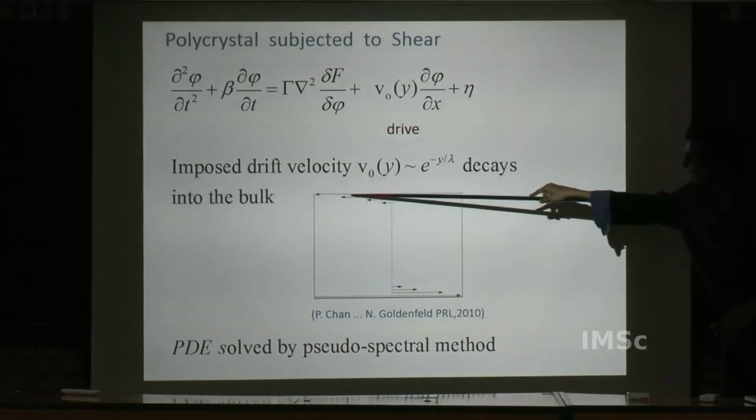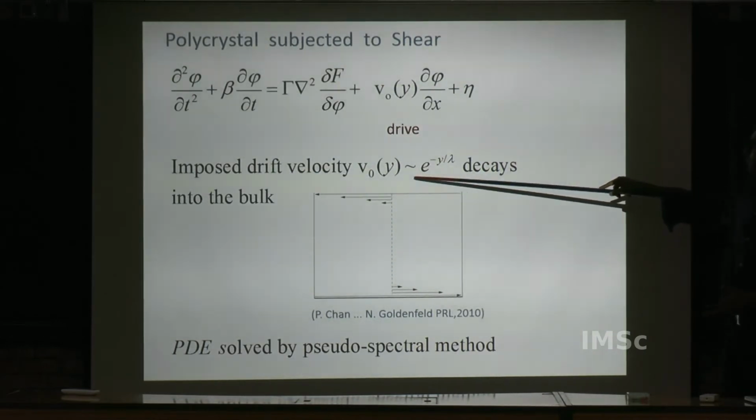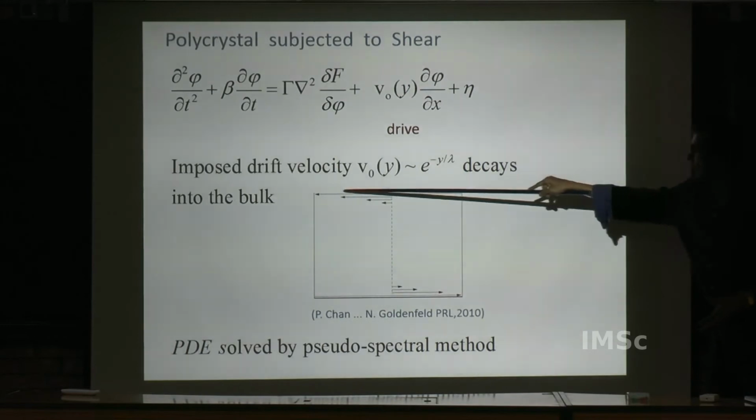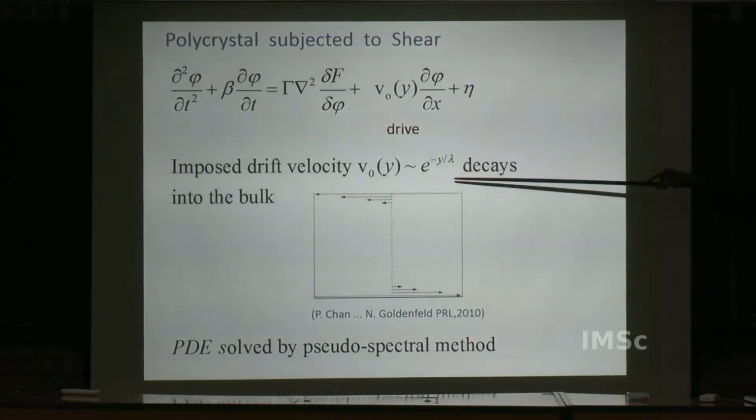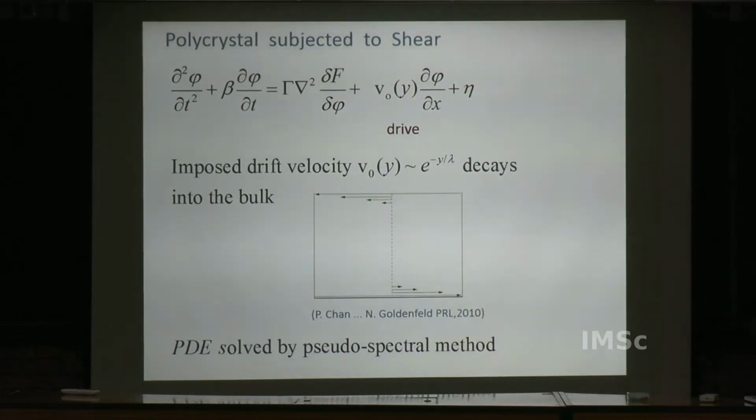You impose a density field, a moving array of atoms, and the speed goes down exponentially from your boundaries. You hope that this scale lambda, this imposed velocity field for those atoms, does not affect what's going on in the bulk, and we have checked in our simulation that that is quite true.